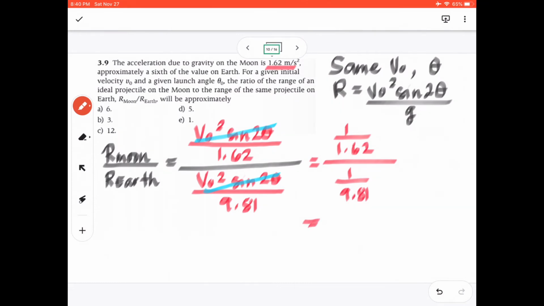We can simplify by multiplying 1 over 1.62 by the reciprocal, 9.81 over 1. So basically you're dividing them. If you divide, you will get 6.05. In our choices, there's no 6.05, but if you round it off to one significant figure, you'll get 6. So this is your answer.